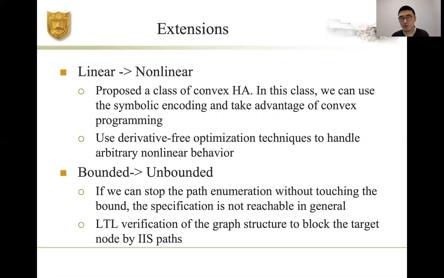In this class, we can use symbolic encoding and take advantage of convex programming, similar to linear programming. And for other arbitrary nonlinear systems, which are not convex, basically we are not doing verification of such systems. We know there are many tools which do a very good job, like Flow* and so on.